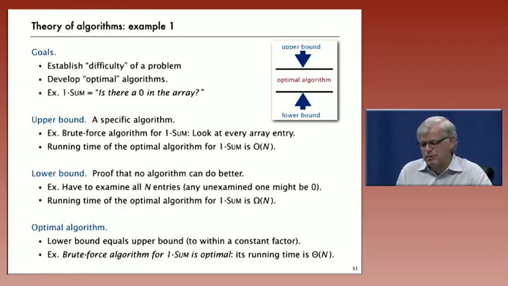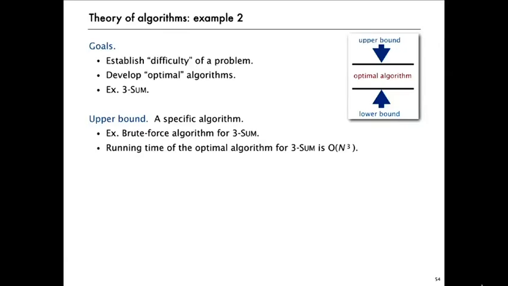For that simple problem, it was okay to get the optimal algorithm. For more complicated problems, it's going to be more difficult to get upper bounds and lower bounds, and particularly upper bounds and lower bounds that match. For example, let's look at three-sum. For the upper bound, our first brute force algorithm was a proof that the running time of the optimal algorithm is O of n cubed.